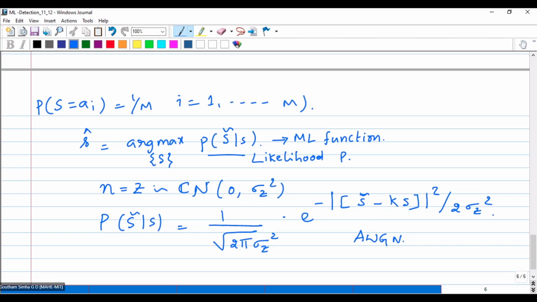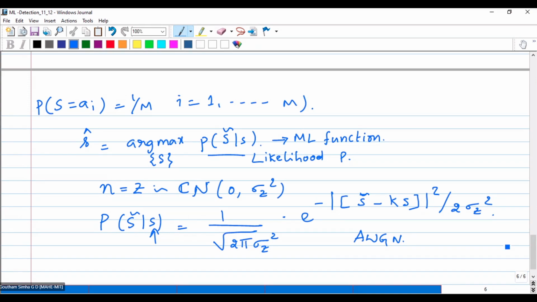See, the value of S that maximizes the whole thing, P of S tilde given S, is the symbol that minimizes the exponent of this equation. That's all. Very simple. Remember this: the value of S which maximizes the probability of S tilde given S is the symbol that minimizes the exponent of this equation.